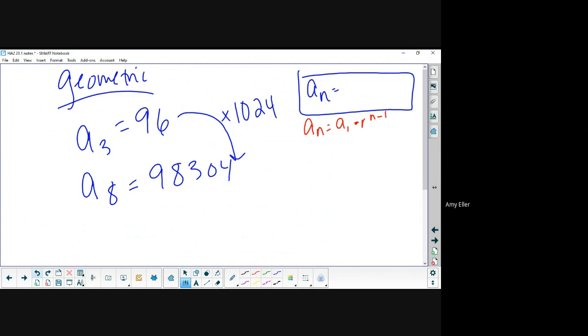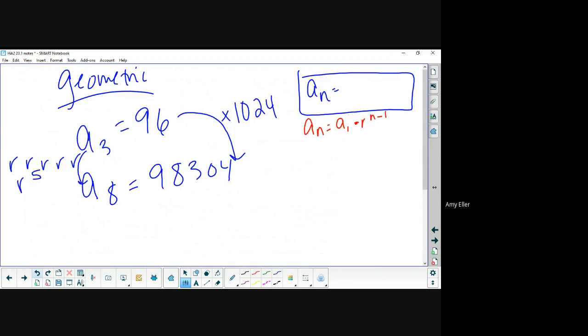If I'm going from the third term to the eighth term, I'm going to have to multiply by r to get the fourth term, multiply by r to get the fifth term, multiply by r to get the sixth term, multiply by r to get the seventh term, multiply by r to get to the eighth term. What's a better way of saying r times r times r times r times r? r to the fifth.